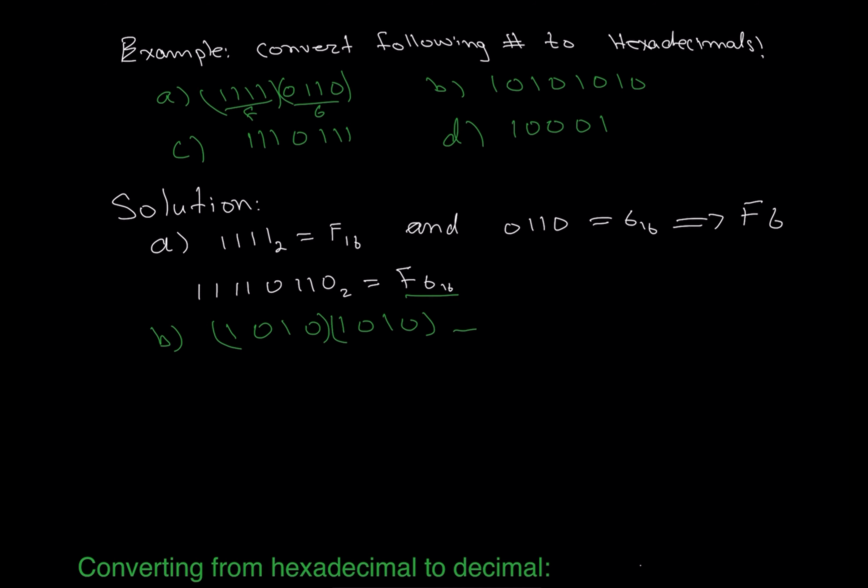For 10, we have a hexadecimal number. 10 in hexadecimal is A. You can write down base 16, or you don't have to, because A is already there, but if you do, that will be nice. And the other is the same, so that will be A. So 1010 is A in hexadecimal. Okay.